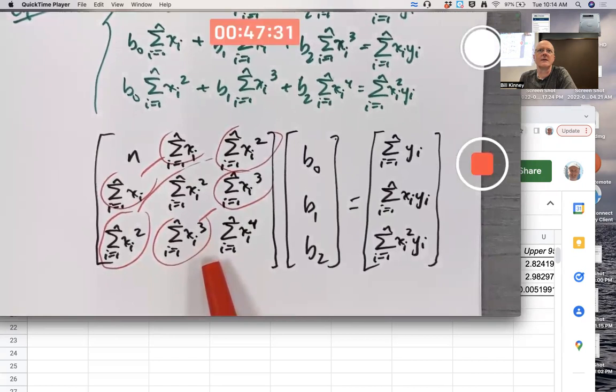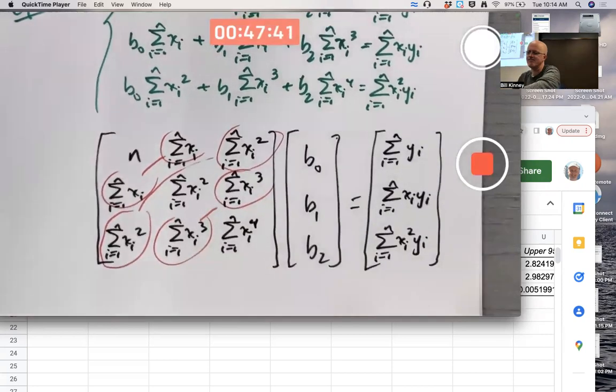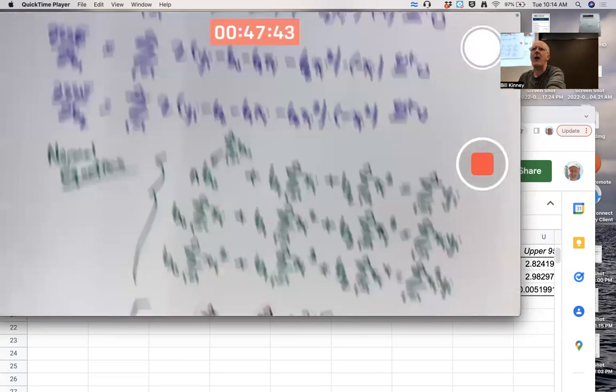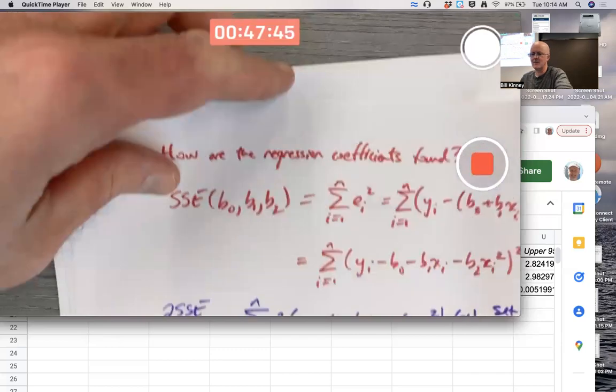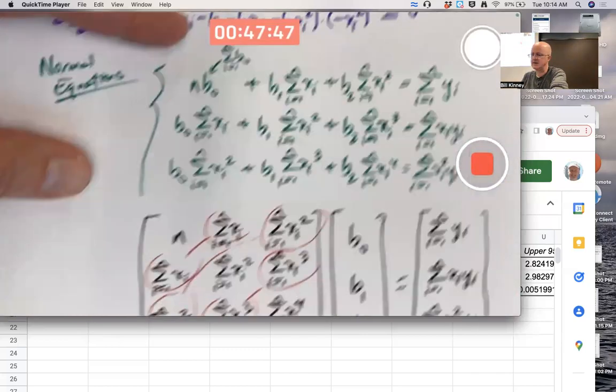In fact, the product of the transpose of some matrix with the matrix itself. How? Well, it takes a little experimentation to realize this will work.